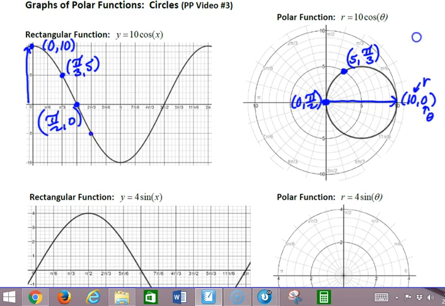Now let's go down here to (2 pi over 3, negative 5). Now we're starting to get a little trickier, because if we were at 2 pi over 3, positive 5, we would be right here. But we're at 2 pi over 3, negative 5. So we have to go the opposite direction of 2 pi over 3, which is in the direction of 5 pi over 3, and go 5 units there.